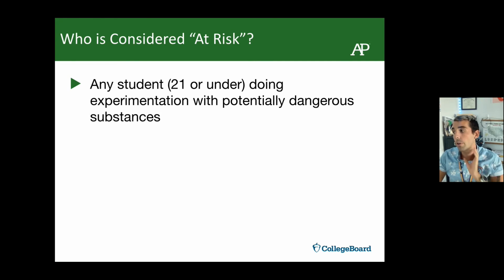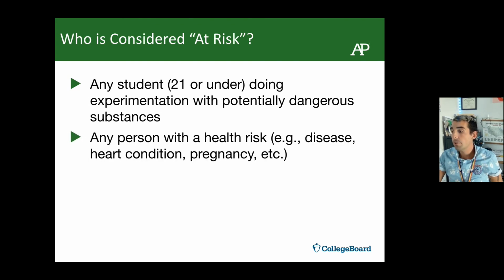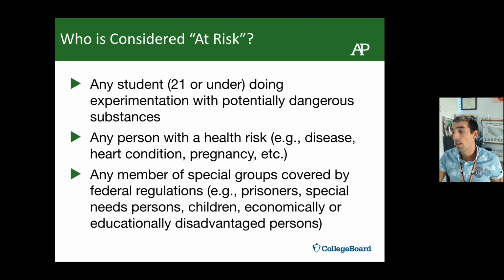Any student 21 or under doing experimentation with potentially dangerous substances. Any person with a health risk, ergo disease, heart condition, pregnancy, etc. Any member of a special group covered by federal regulations, ergo prisoners, special needs persons, children, economically or educationally disadvantaged persons.